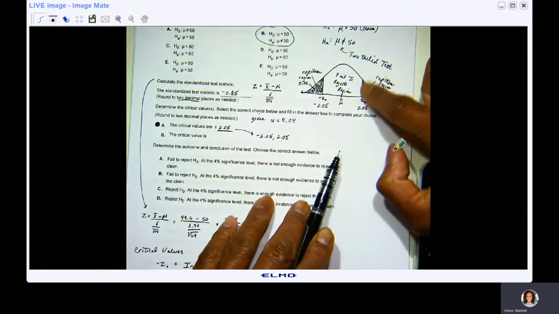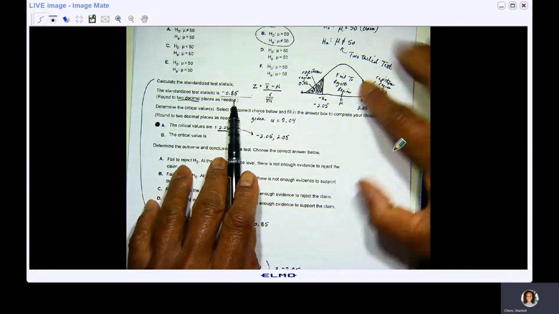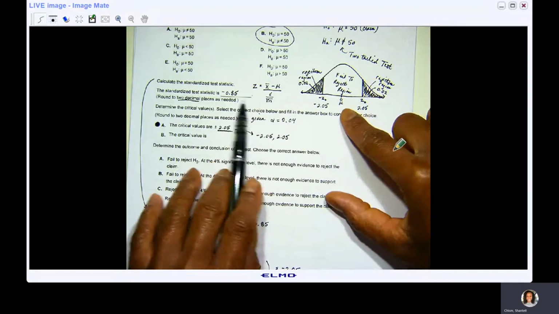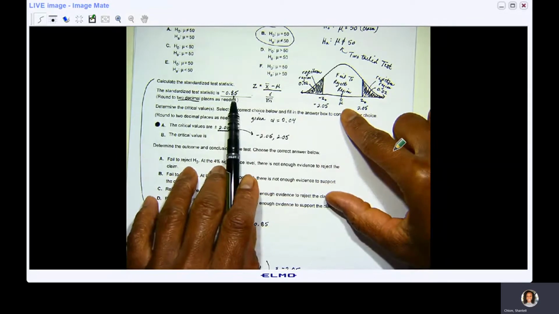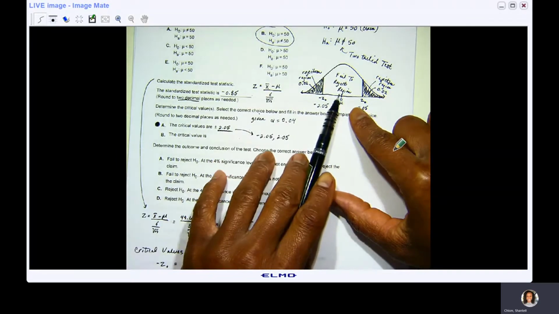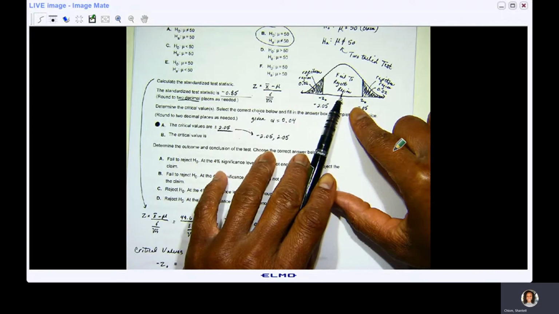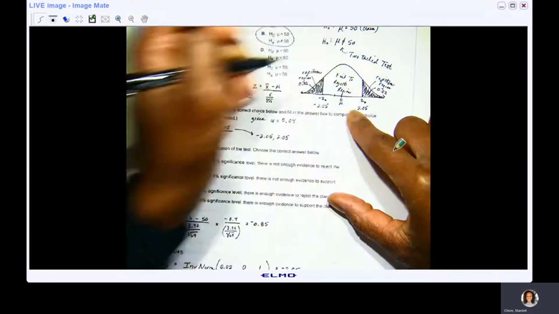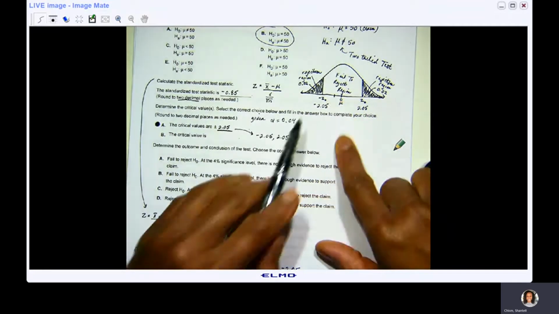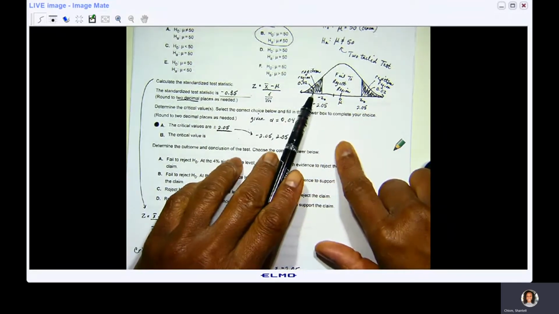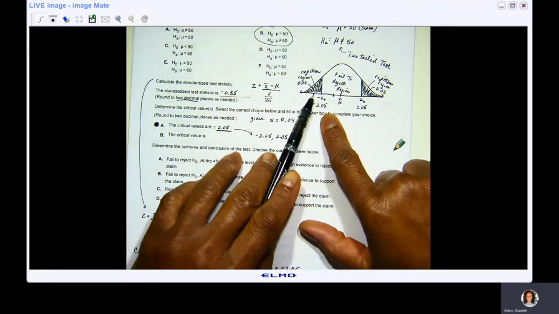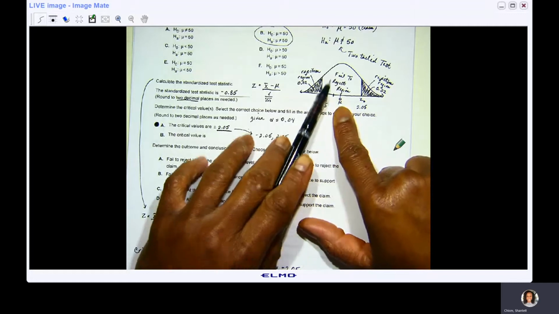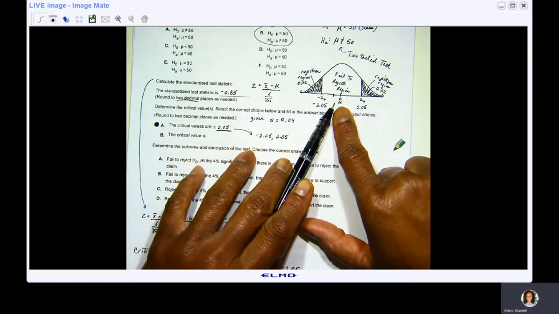You don't have to worry about the right because it's negative, so we know it's not over here. So negative 0.85 would be closer to 0. It would be in this region somewhere, so it would be in the fail to reject region. That is because it's not smaller than negative 2.05. It's actually bigger. So it's over here in the fail to reject region.